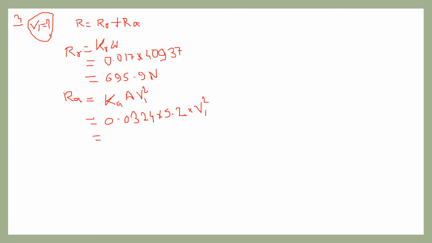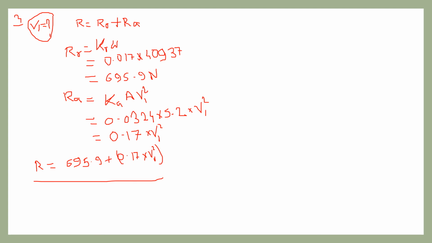From here we got R_A equals 0.0324 into 5.2, which is 0.17 into V1 square. So the value of R equals 695.9 plus 0.17 into V1 square.